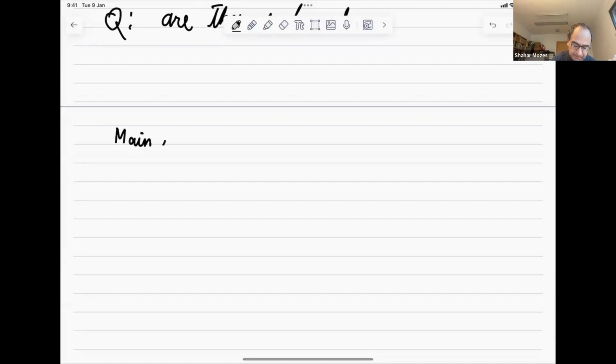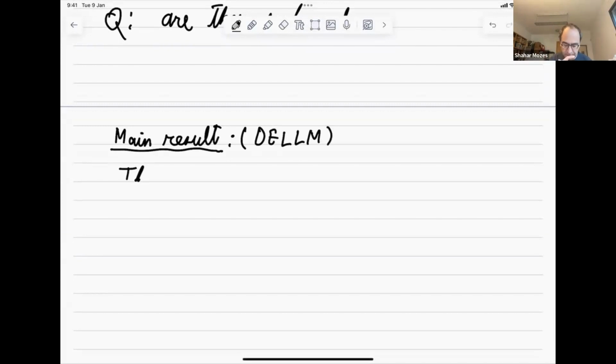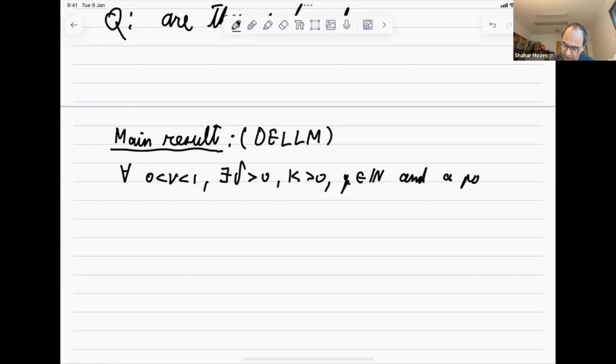The main result, joint with Dinur, Evra, Livne, Alex Lubotzky, and myself, is that for every R between 0 and 1, there exists some delta bigger than 0, and kappa bigger than 0, and some q and n, and a polynomial time algorithm.